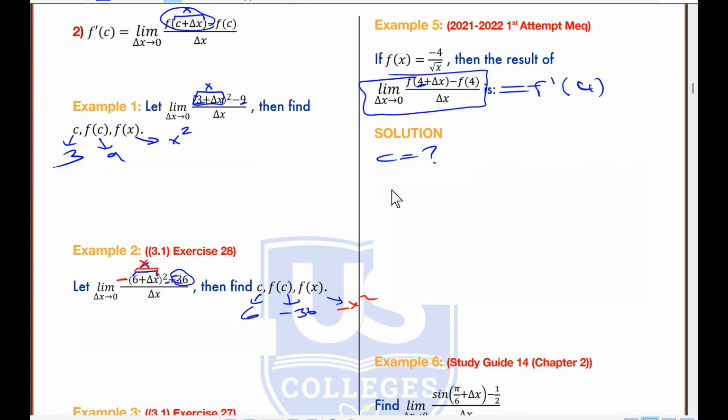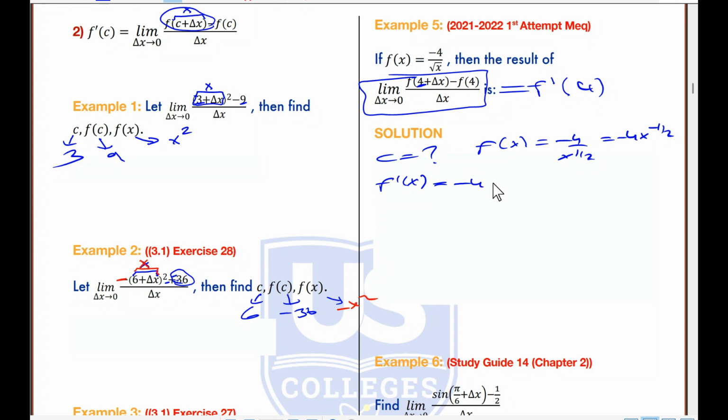So let's find the derivative f prime of x. Before f prime, let's simplify the function. There is a radical here in the denominator. Let's get rid of that radical first and move it up to use the power rule. So negative 4 over x to the half. You move the variable up, negative 4 x to the negative half. After we rewrite the function, I can take the derivative easily.